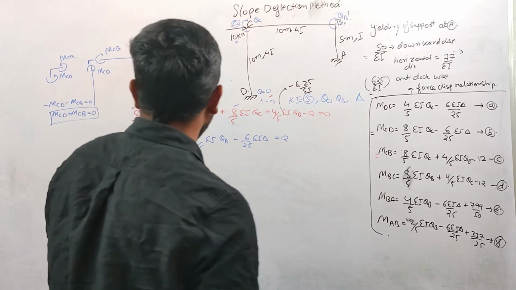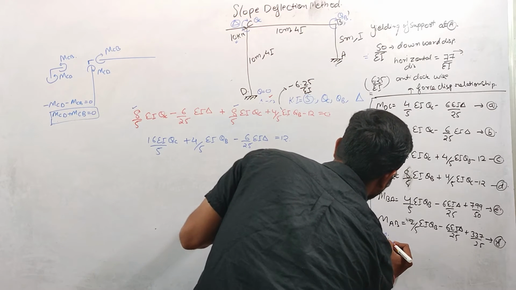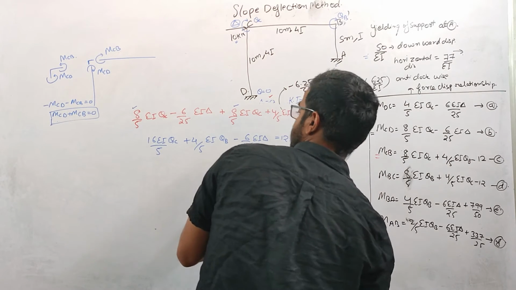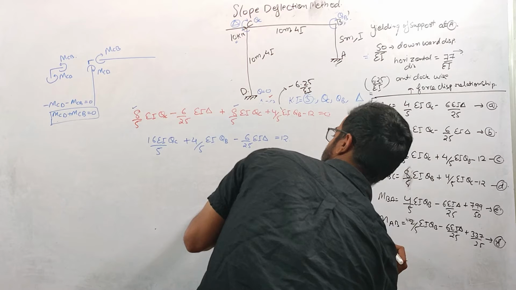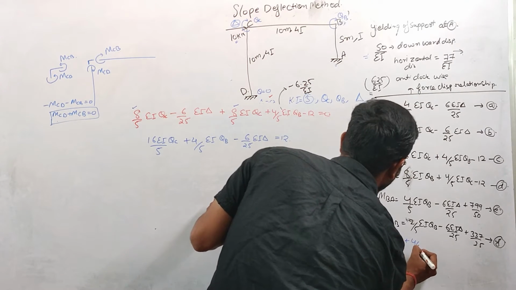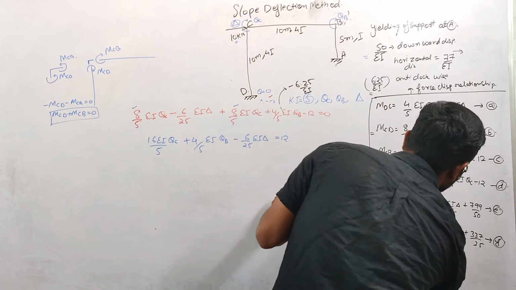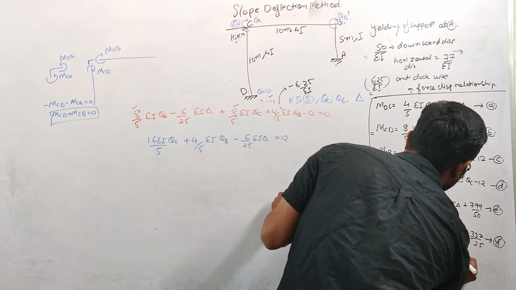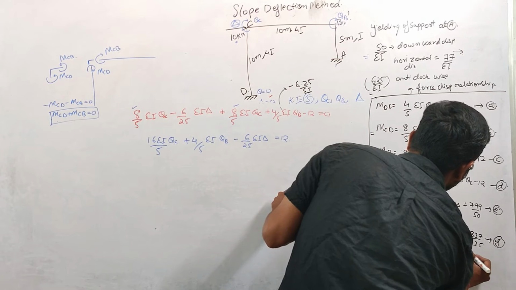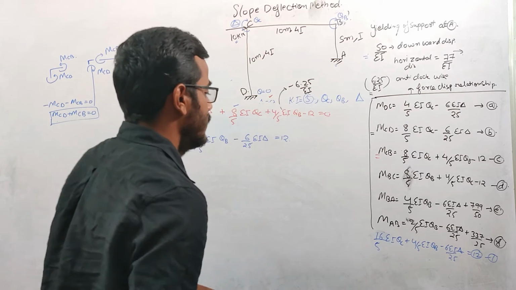So the equilibrium equation is 16 over 5 EI theta C plus 4 by 5 EI theta B minus 6 EI delta over 25 equals 12. Let us suppose this is equation number 1.